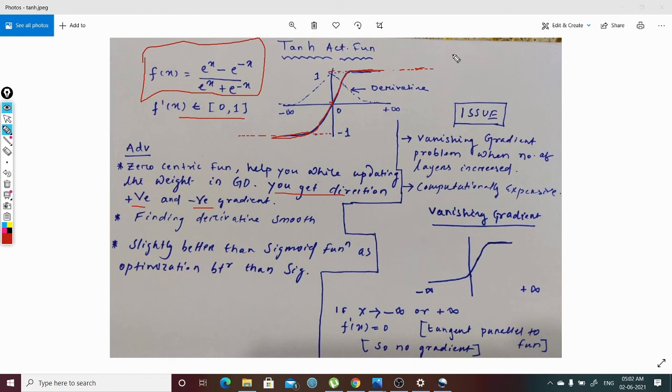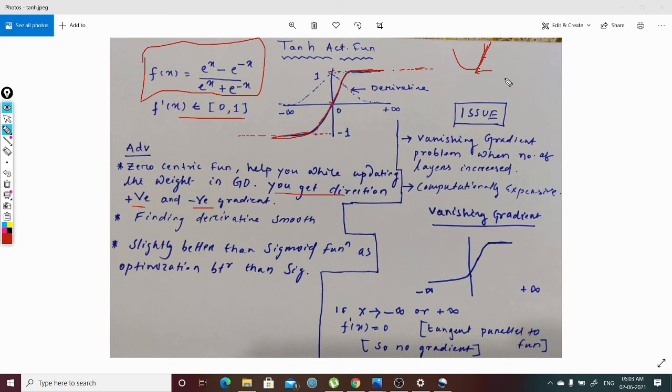Suppose this is a gradient descent curve, and if we draw a tangent here and this value is very much positive, you need to go a little bit in this direction to find the global minima. So we need to reduce the weight, since it is a highly positive tangent, and go a little bit in the backward direction.